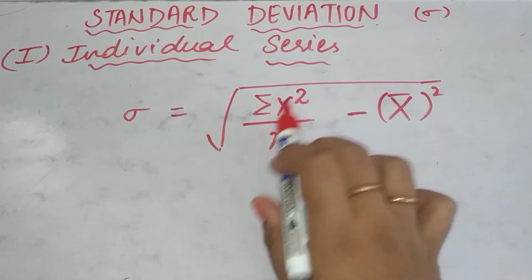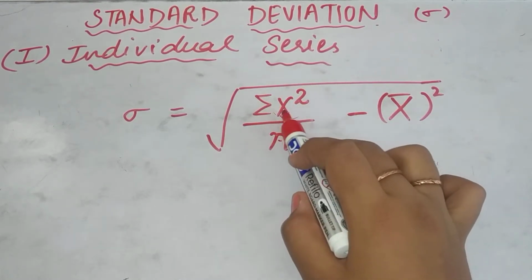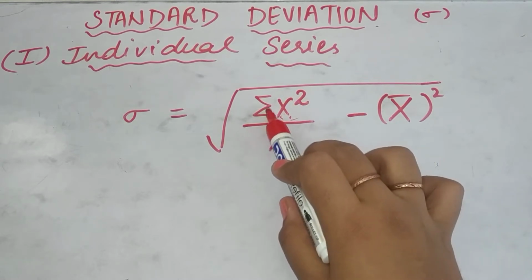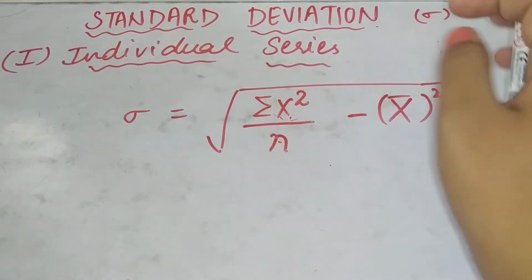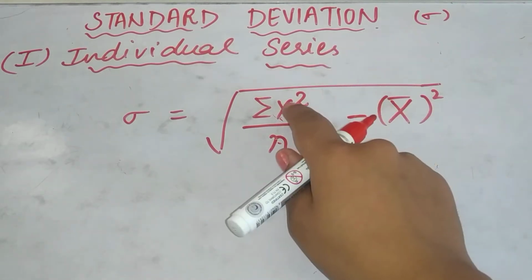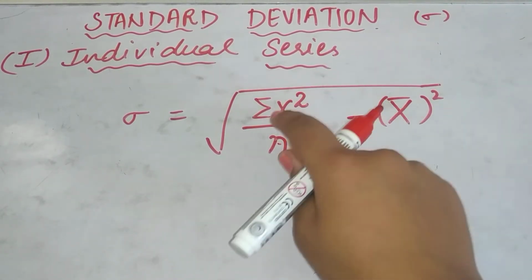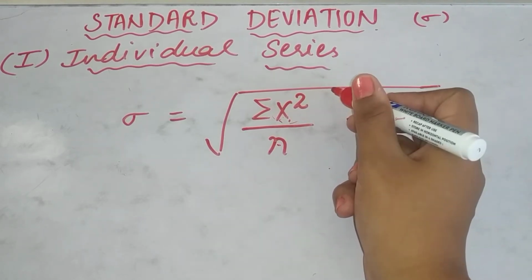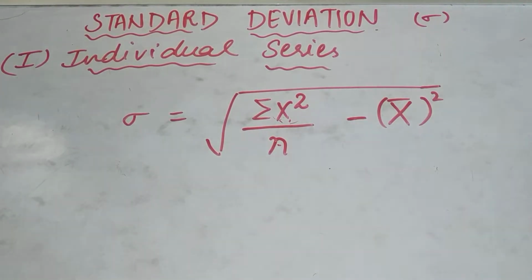Firstly, we have to calculate the values of x square, then at the end we require the summation of that x square. It is summation of x square, not summation x whole square.